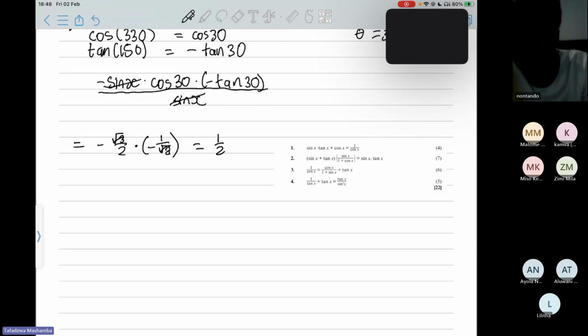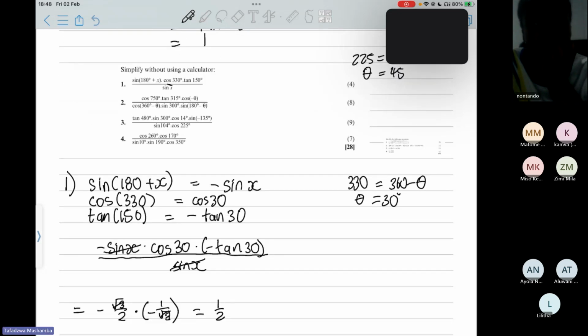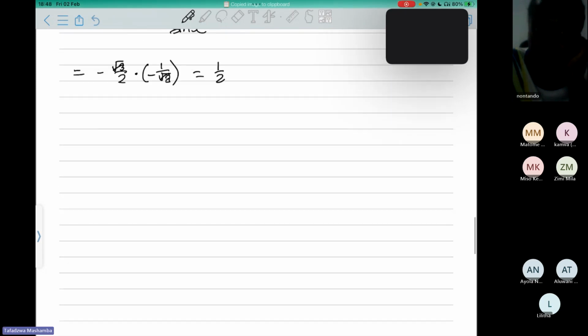So what I wanted to do is number 3. The reason I want to do number 3 is that it also has a negative, so that you guys can see how we are able to approach it when we have a negative.